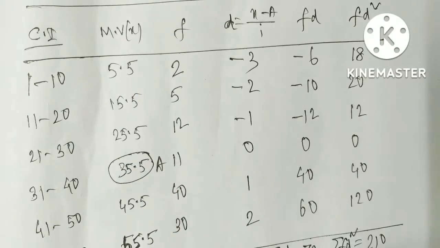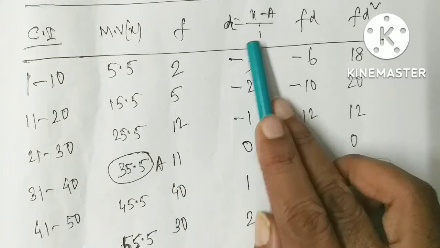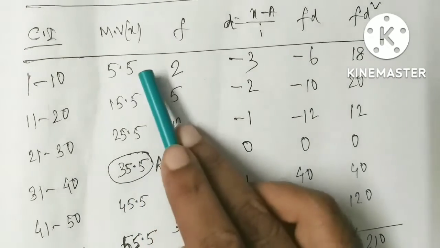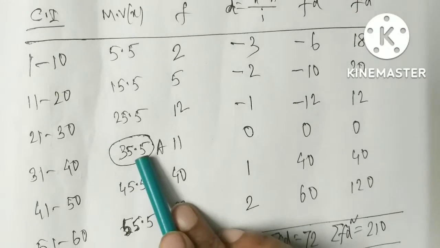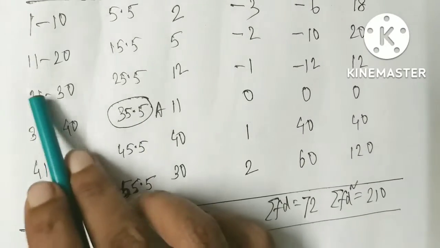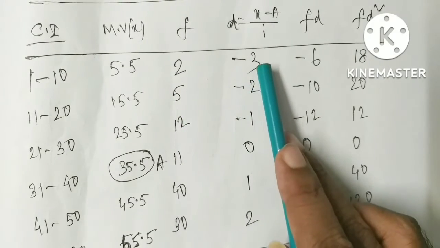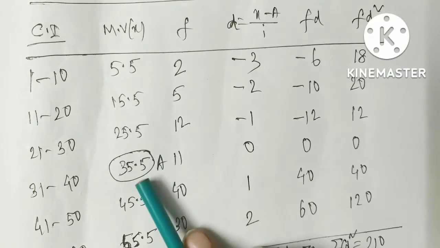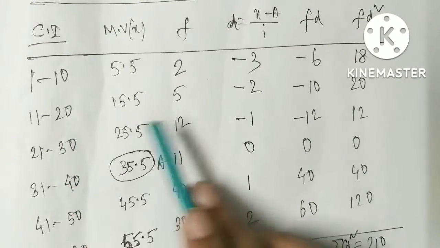In this way we find d. d is x minus a by I. All these values are x, and I assume here a is 35.5, that is 5.5 minus 35.5. This is x minus a, that is minus 30. I is the class width, that is 10, so minus 30 by 10 equals minus 3. For the second observation, 15.5 minus 35.5 is minus 20, divided by 10, that is minus 2.